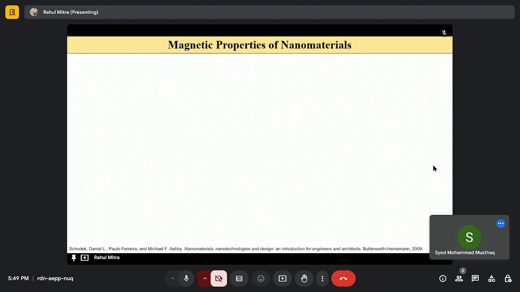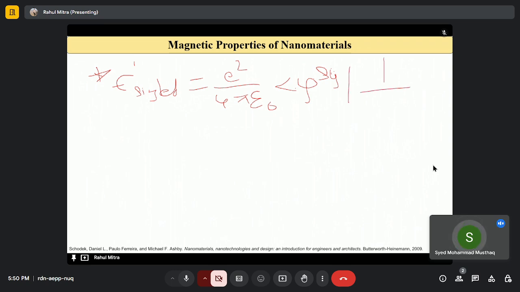Right. So, the energy of a singlet will be equal to e squared by 4 pi epsilon naught. I'm simplifying everything so that we need not go through the whole calculation. This is r1 minus r2, the positions of the 2 electrons, times symmetrical.